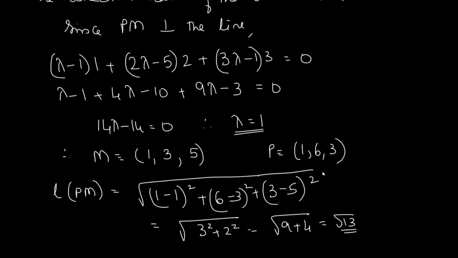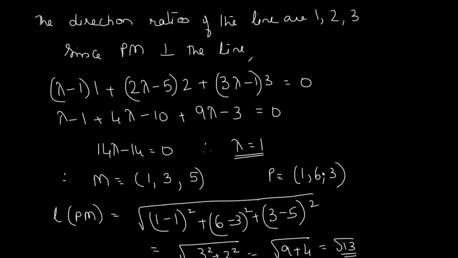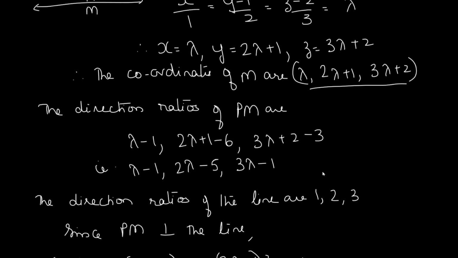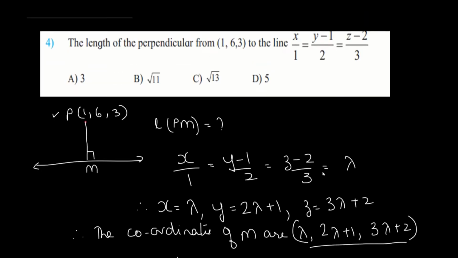So root 13 is the length PM, the distance of the point from the line, and therefore the correct option in our question is C.